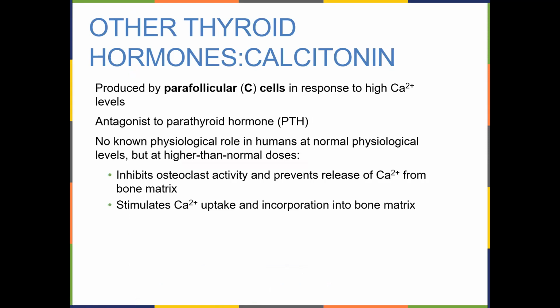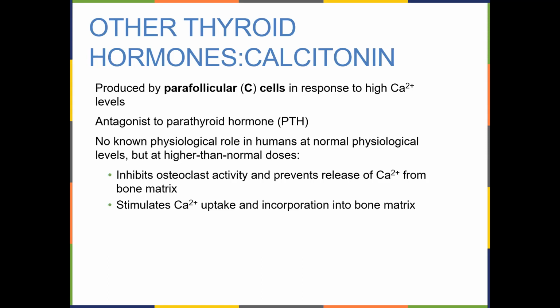We very rarely have high calcium levels. What calcitonin is supposed to do is to take excess calcium and create new bone. Calcitonin is supposed to stimulate the uptake of excess calcium and bone growth.